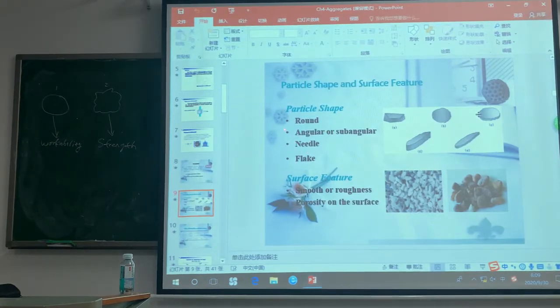These two are good, angular and subangular. These two are bad, and they are harmful for the concrete. The needle shape and the flake shape of the aggregate are harmful for the concrete. You want to know the reason? Last time I explained it for you.